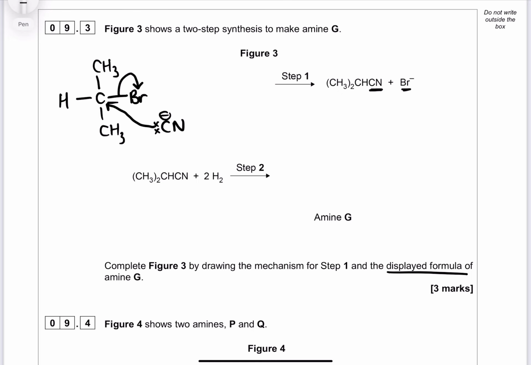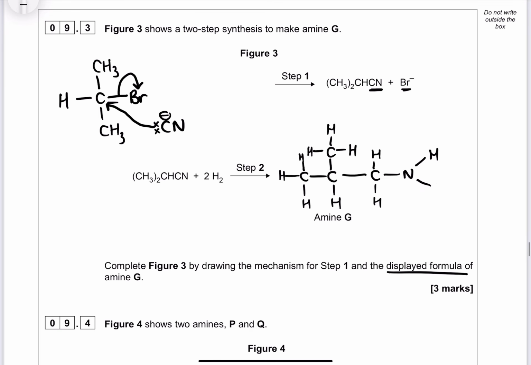We're going to display everything. So this C with 1 H has got 2 CH3s attached. Then we had the C that was over the CN, that became a CH2. Then we had the N, that became an NH2.